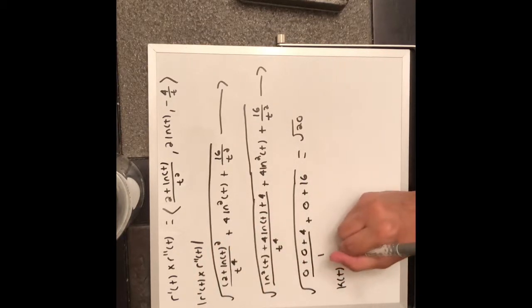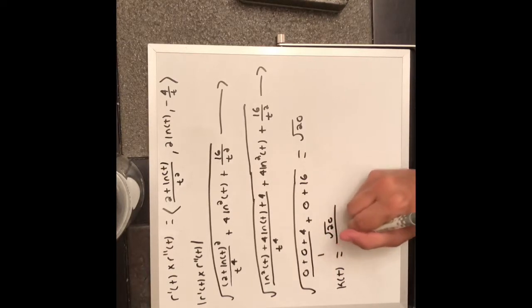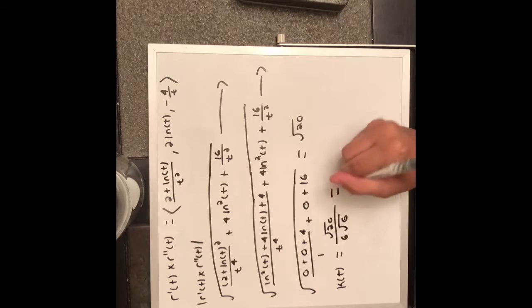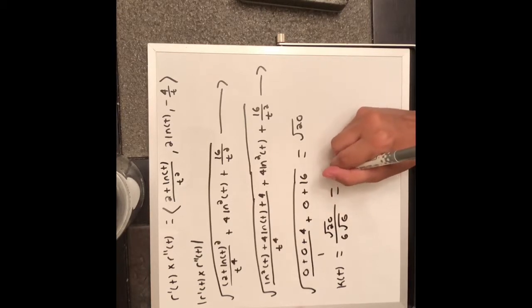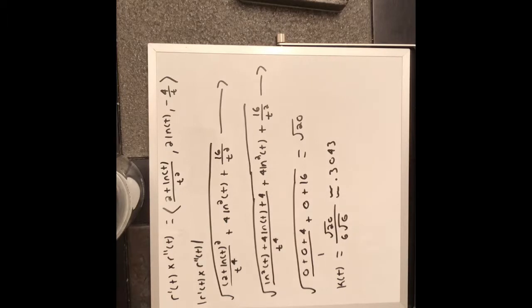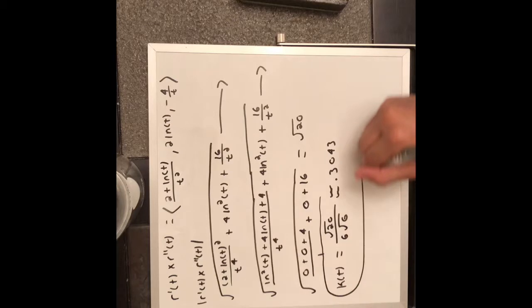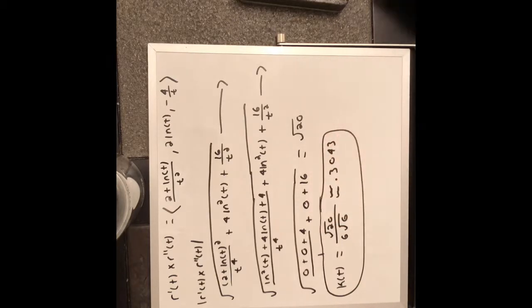So we're just going to have square root of 20 over 6 square root of 6, which if you take out your calculators, you're going to find is roughly 0.3043. And this will be your answer. Thank you.